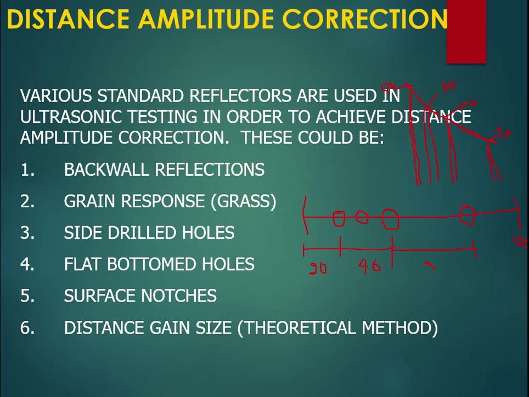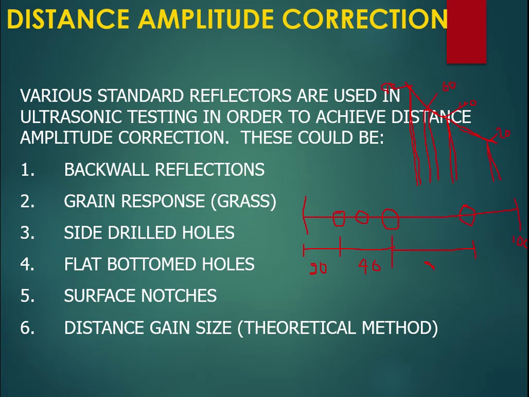Similarly, we judge the size of the discontinuities. If at a particular distance, for example 60 mm, the discontinuity size is 5 mm instead of 3 mm, then the reflection is larger than the amplitude we considered initially.